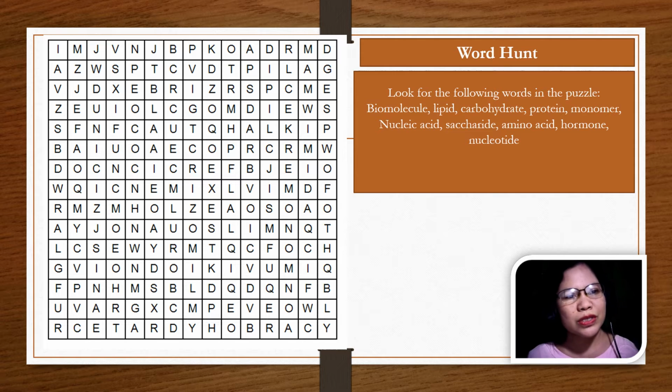You can look up and down, left to right, or in a slanting position. Then try to find these different words. Maybe you can also have 5 minutes to find the 10 words that we'll be using in our discussion for today.